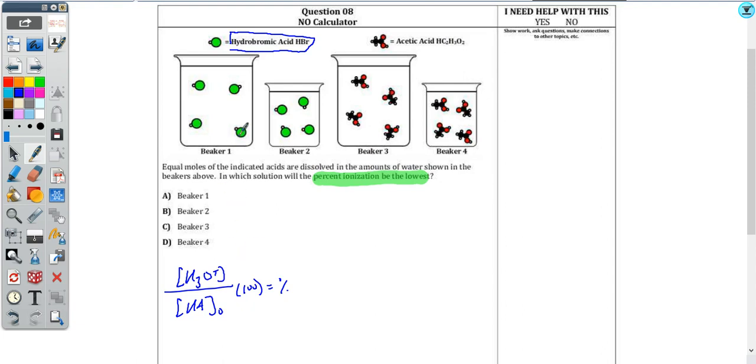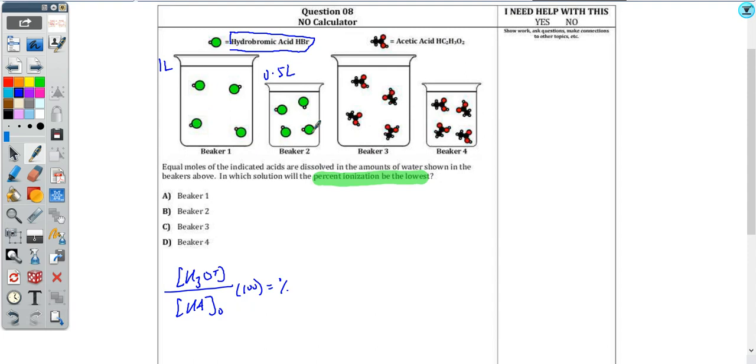And if I realize that these are strong acids, whatever the concentration of the acid, the hydronium ion concentration is going to match that. They're not actually going to exist as HBr molecules. They're going to be completely ionized. Now, for the purpose of this video, I'm just going to put some actual numbers here. Let's say this is a 1 liter beaker and this is a 0.5 liter beaker, but they each have the same number of moles of acid.